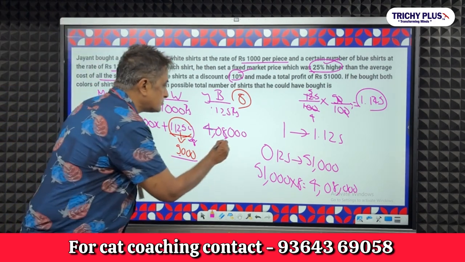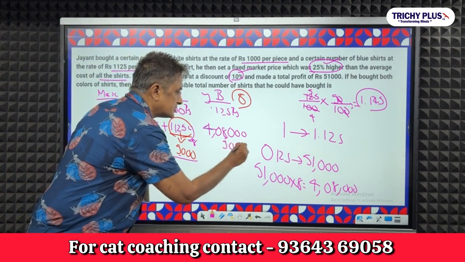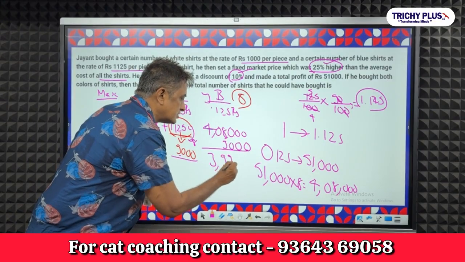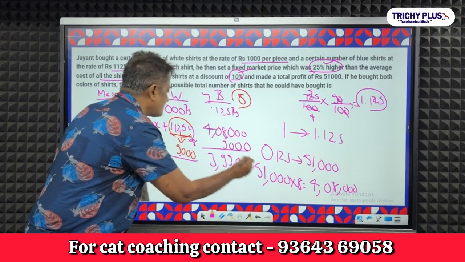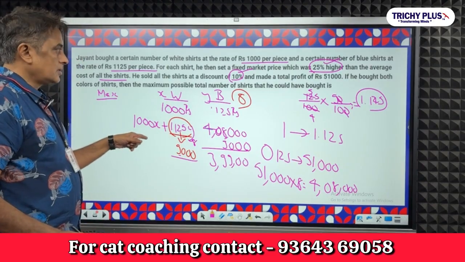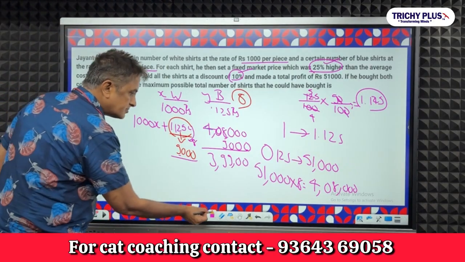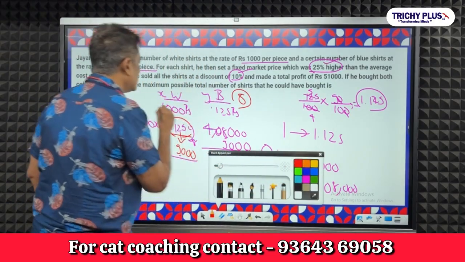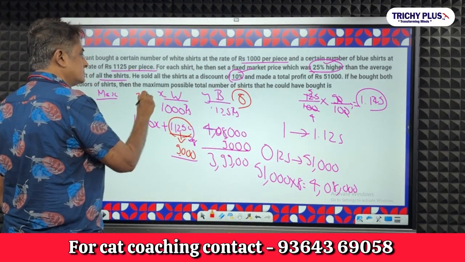Now I subtract that 9000 from here. How much will it be? 3,99,000. And this is happily divisible by 1000. Now what do I get here? I will get 399 shirts.